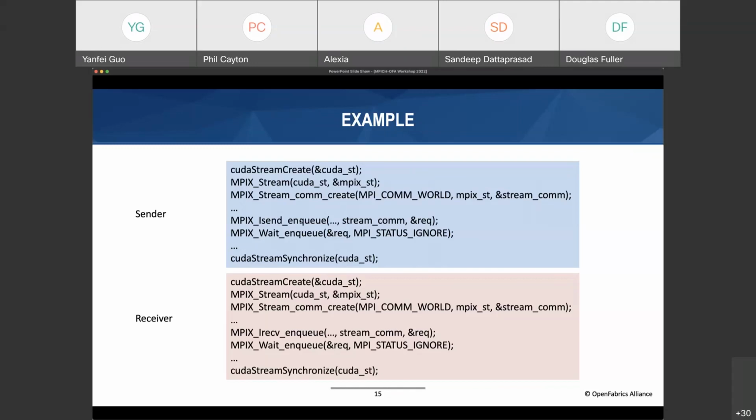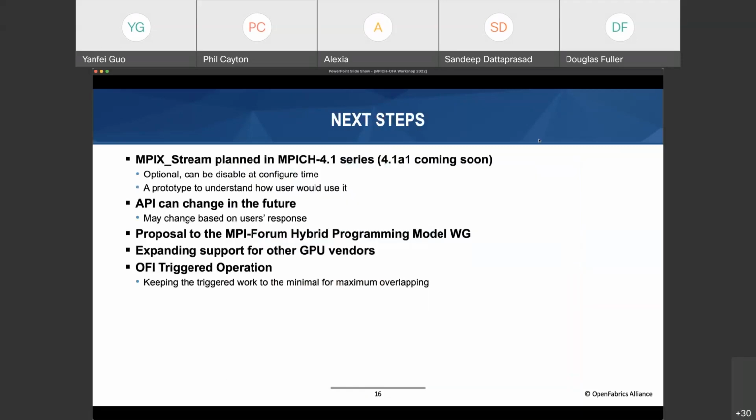After that, they can just do MPIX isend enqueue to put an operation on the stream, and also MPIX wait enqueue to block the stream until that isend is completed. In between, the user is free to do other things. At the end, the user may just do a big synchronize to make sure everything is finished. Okay, so that's the code example.